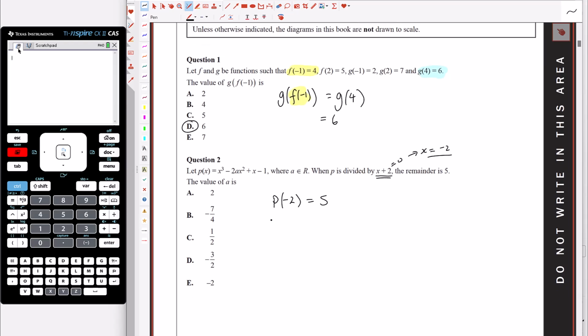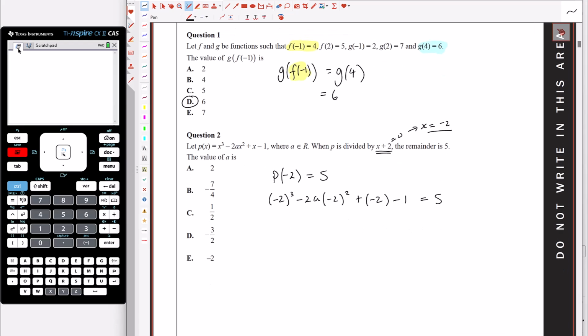So p of -2 will be -2 cubed minus 2 times a times -2 squared plus -2 minus 1, and that has to equal 5. And so we're just solving for a. We could use our CAS obviously to help us here. We could have defined the function and then solved p of -2 equals 5. But to be honest, I think this is more efficient by hand if you've got reasonable number skills.